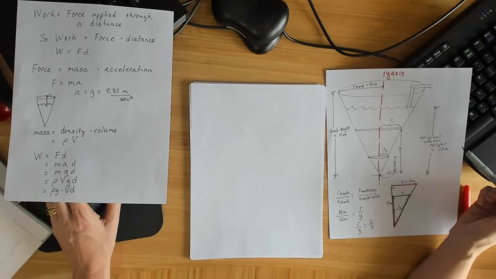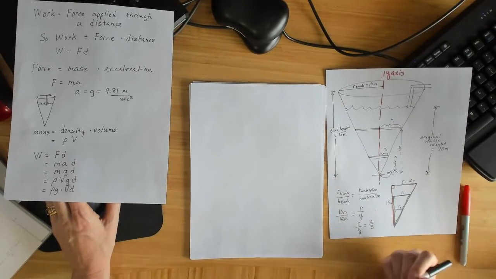The problem is that because the water has to move a different distance, and because the mass is different at each level, the force is not constant. Although gravity is constant, the mass at each water layer is not constant, so it's changing. This is an ideal situation in which to apply calculus. So what we need to do now is set up the work formula into a definite integral.